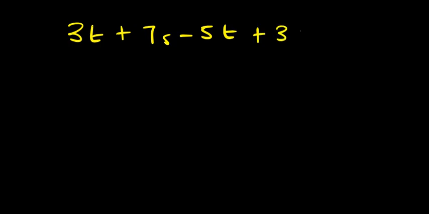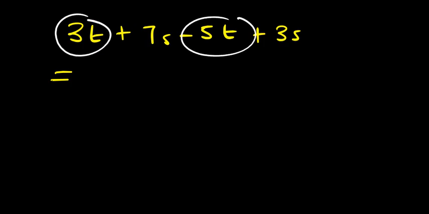Let's solve another one. Let's say this time around I've got 3t plus 7s minus 5t, let's say plus 3s. So how can I solve this one? So there's a 3t here, there's a negative 5t. I'm supposed to solve those ones. I've got a 7s and a 3s.